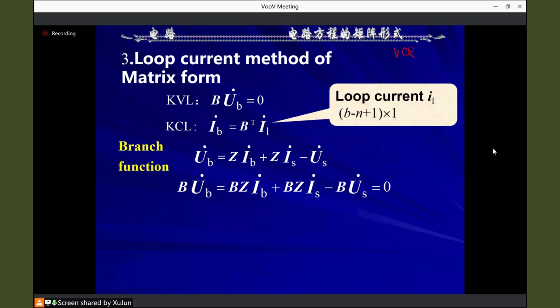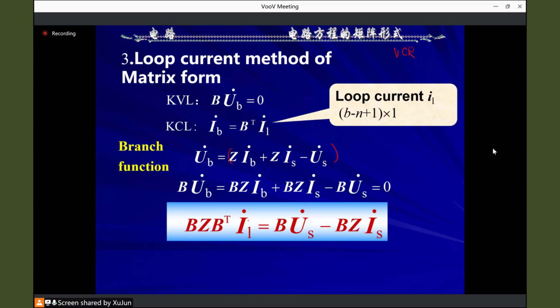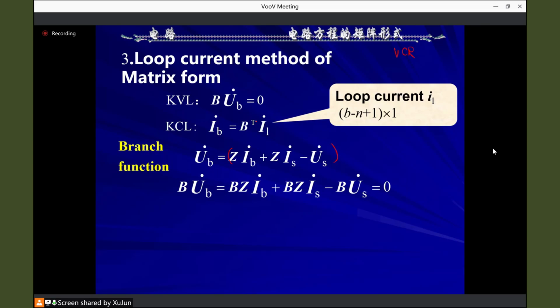B UB equals 0. So B multiplied by this part equals 0, and we use this part to express IB.